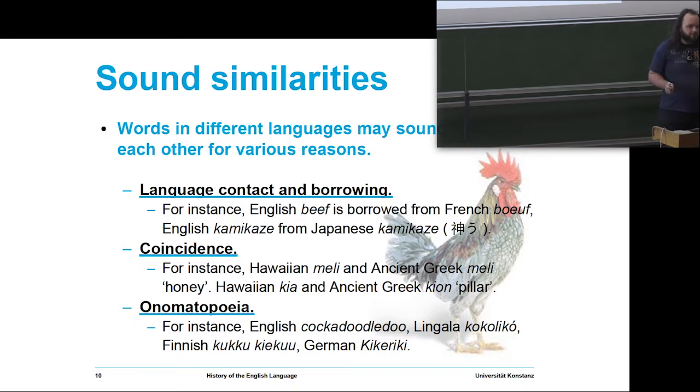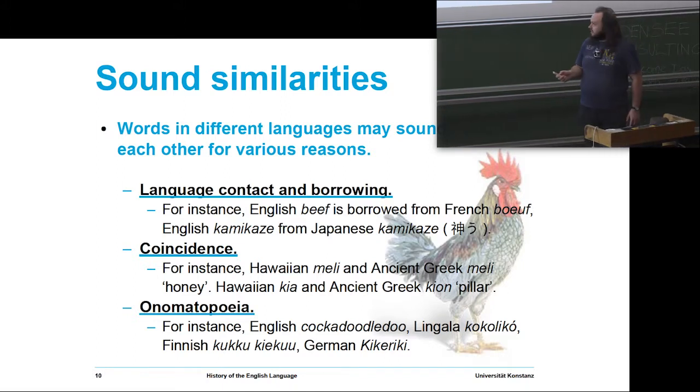Languages, it turns out, do this in similar ways. In English, for instance, the sound that this guy makes is called cock-a-doodle-doo, right? I don't think there's much of a doodle or a do in there, personally, but that's just what we say. In Lingala, it's kokoliko. In Finnish, it's kukkukiuku. And in German, I hear it's kikeriki. I don't know where the stress goes on that.